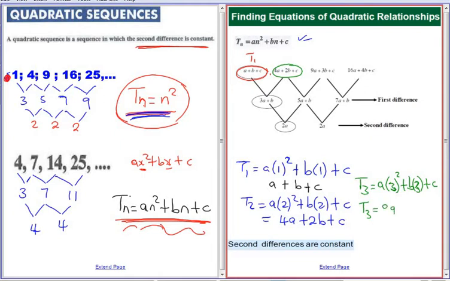It will be 9A, because 3 squared is 9, and then that will be plus 3B plus C. As you can see, this one is the term that we've got over there. I'm not going to carry on to T4 and do exactly the same thing. I just wanted you to have an idea where I got these terms up here. So this one will be your T2 and this one will be your T3. I think even if you substitute 4, you'll be able to get that one as I did.